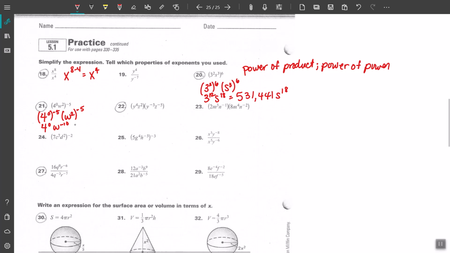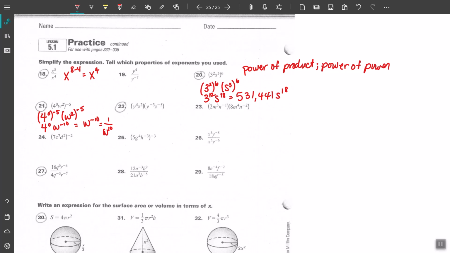So we end up with 1w to the negative 10th, and then we have to utilize the negative exponent because we are trying to simplify this as much as we possibly can. So we're going to end up putting that in the denominator, just leaving a 1 in the numerator, and that's our final simplified answer.